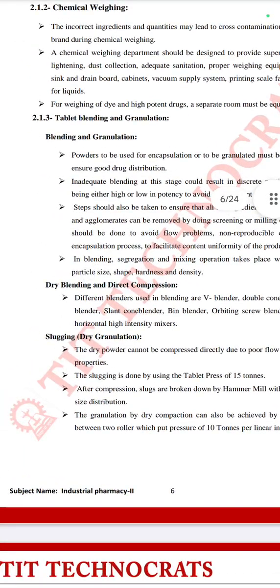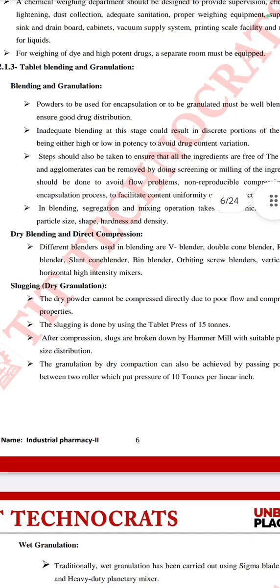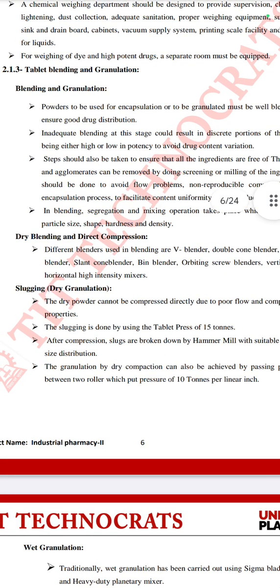As we all know, in tablet manufacturing, granulation is the most important process. Powder to be used for encapsulation or granulating must be blended. In short, inadequate blending at this stage could result in uneven drug distribution. So these are all the processes for tablet manufacturing.